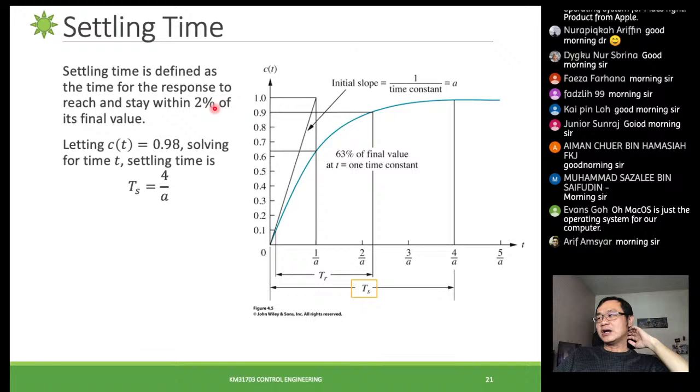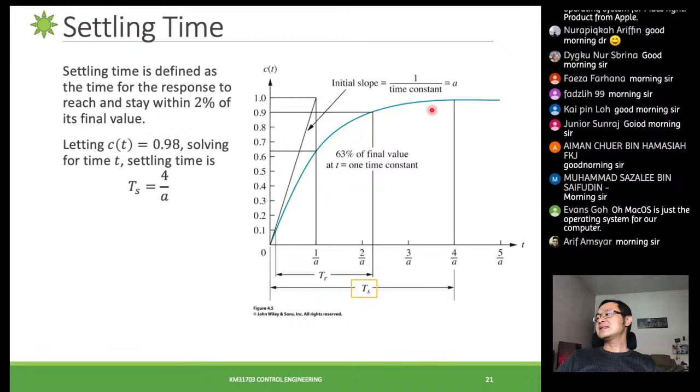within the 0.98 and 1.02 range. For this case, since this is first order, we just set this as the 0.98 value, because it will not cross the final value of 1. This is the characteristic of the first order system.